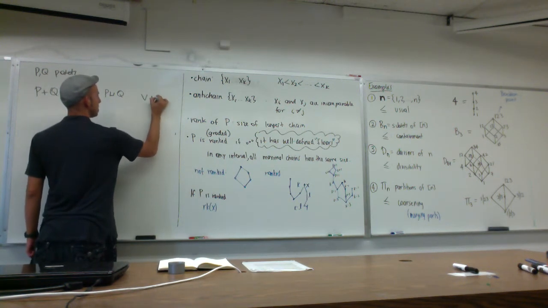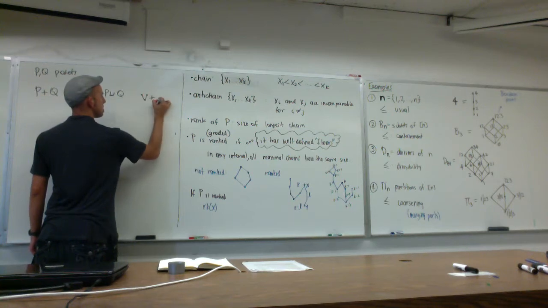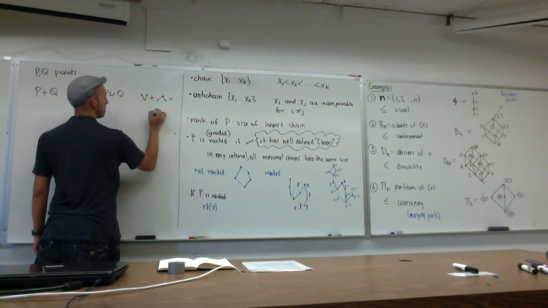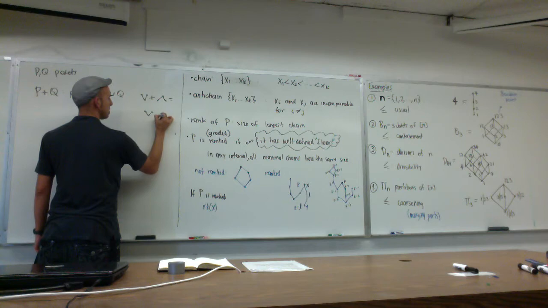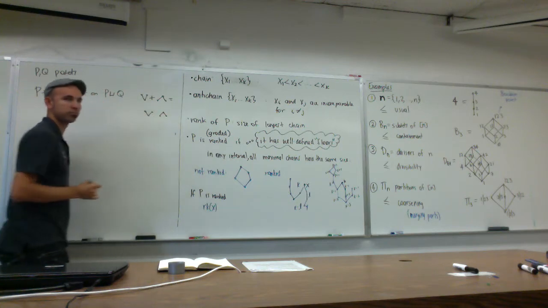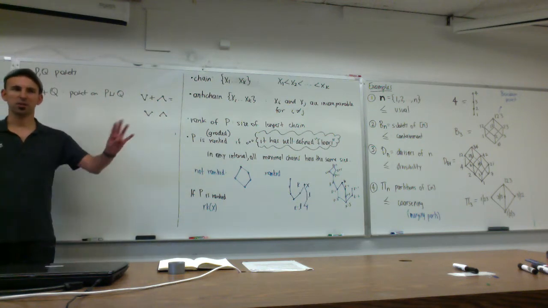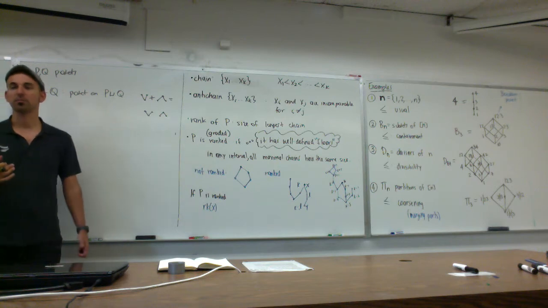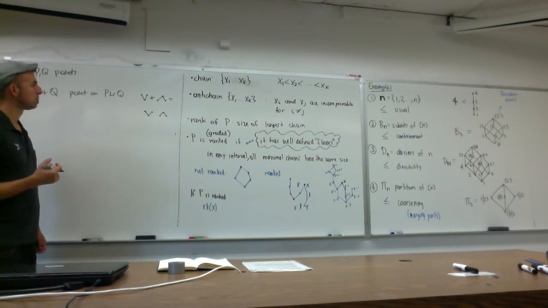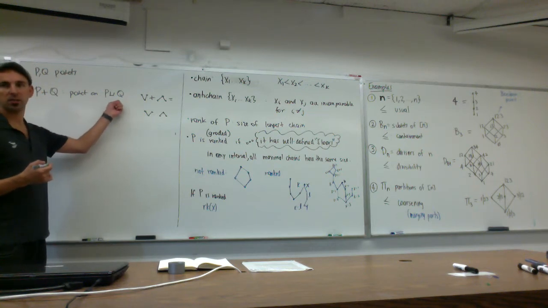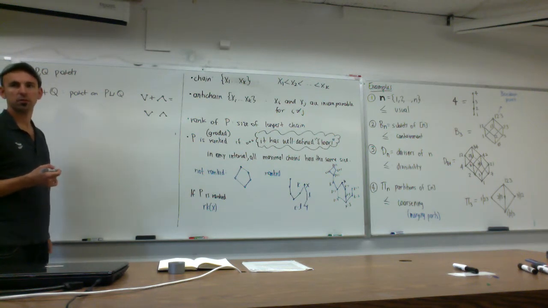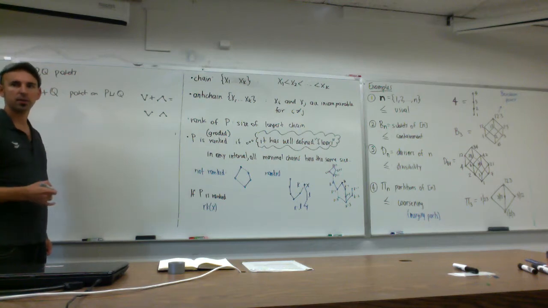This poset plus this poset is just this poset. You just put P here, Q here, and they're not related to each other. If P and Q are ranked, then P plus Q is also ranked, in the natural way.